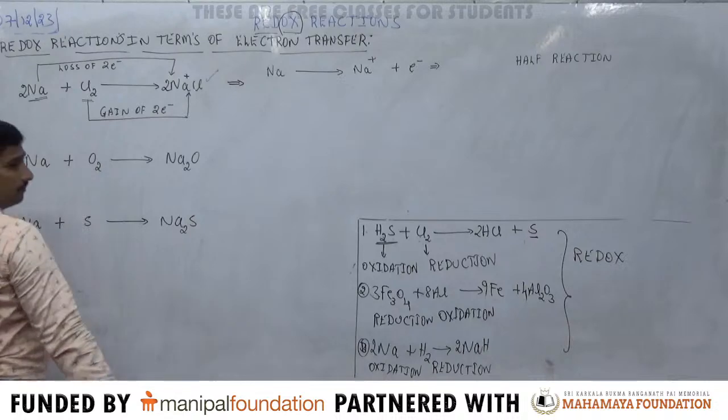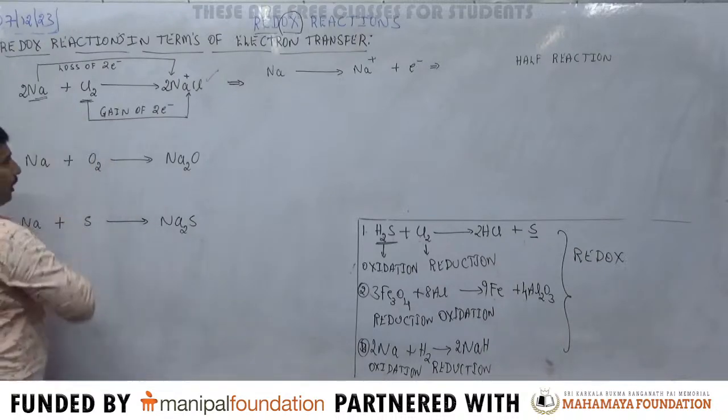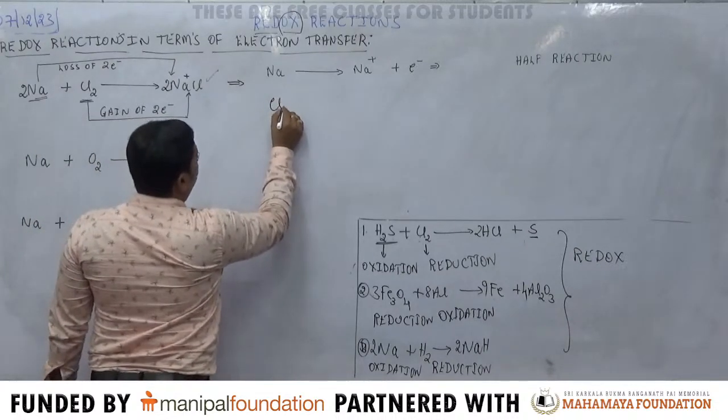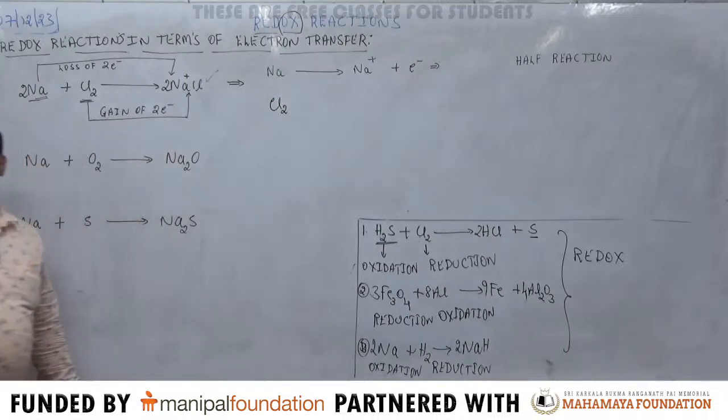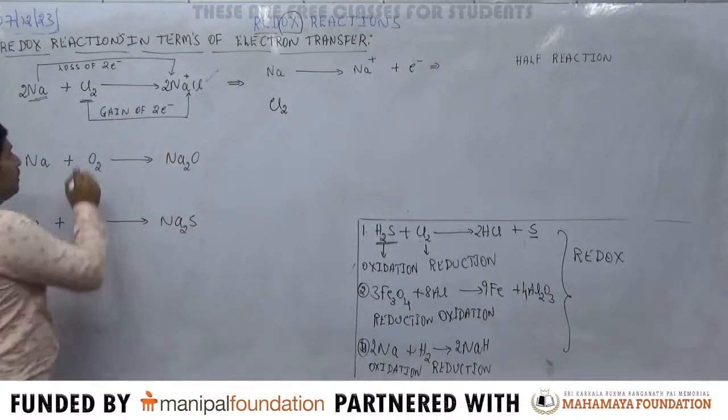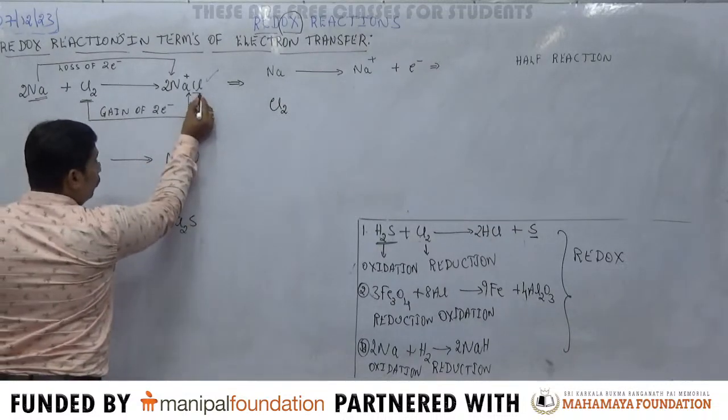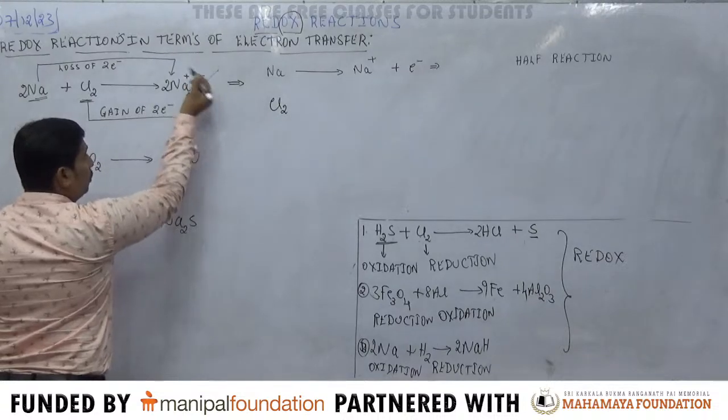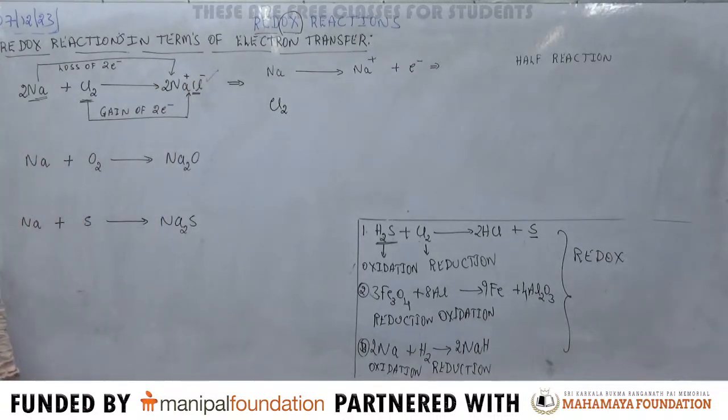Next is chlorine. Chlorine is Cl2. Correct? Cl2 is converted into Cl, plus or minus, because a molecule must be electrically neutral.